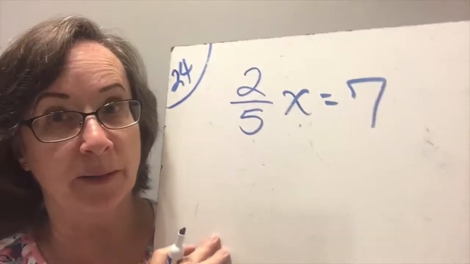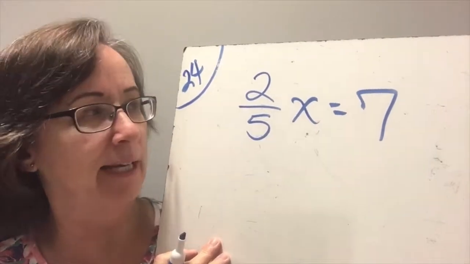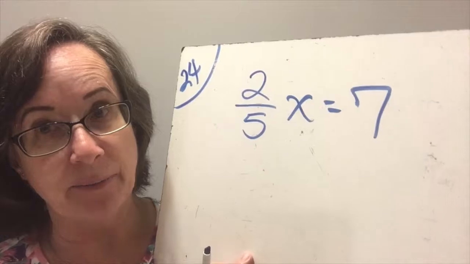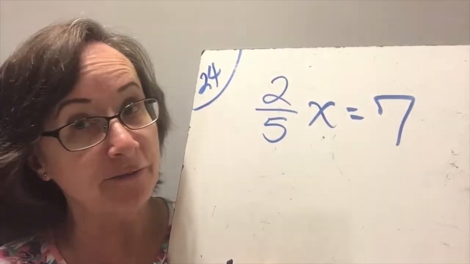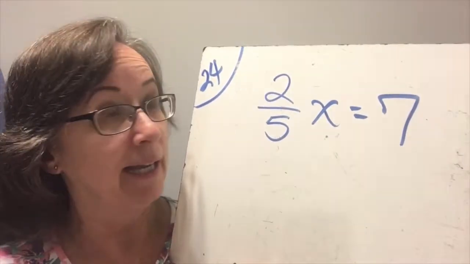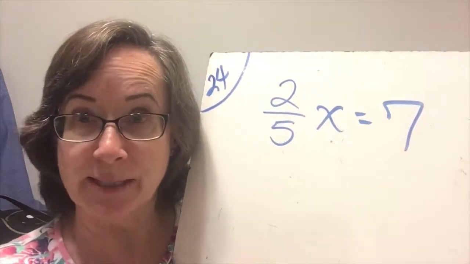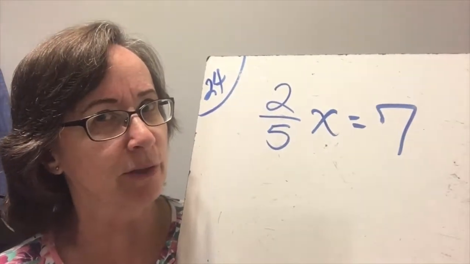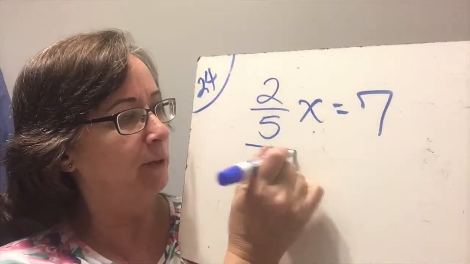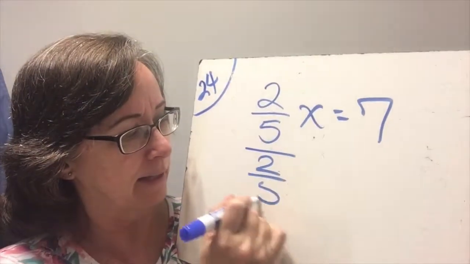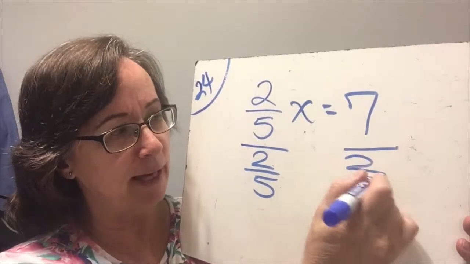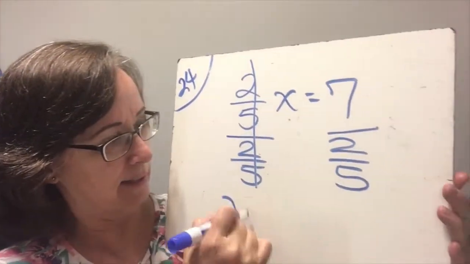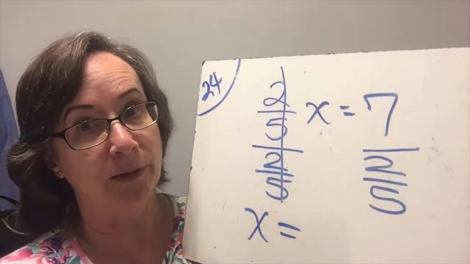Now, on this problem, I think it's definitely easier to multiply by a reciprocal instead of divide by a fraction. Now, dividing by a fraction is not wrong. It's equivalent to multiplying by the reciprocal, but to me it's a little harder because you're going to have to use the reciprocal anyway. Remember, if we divide by 2/5 and we divide by 2/5, then this goes to x, and now we're stuck.